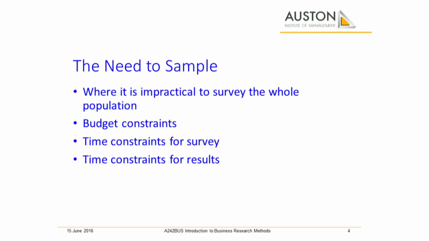Next, there are more reasons why we need to go for a sample size. Sample size is essential because, again, we will not be able to cover the whole population size. We will have budget constraints for sure, and the sample size will help us to overcome that. Also, time constraint for the survey. We will not be able to distribute questionnaires or survey forms to everyone in a population. So the sample size will help us to come up with a smaller number, so we can distribute and collect the survey from fewer people.